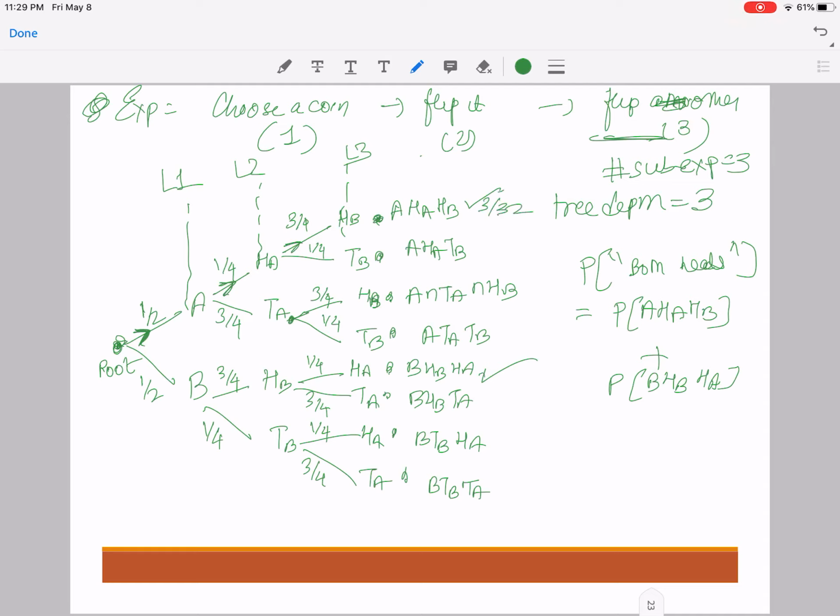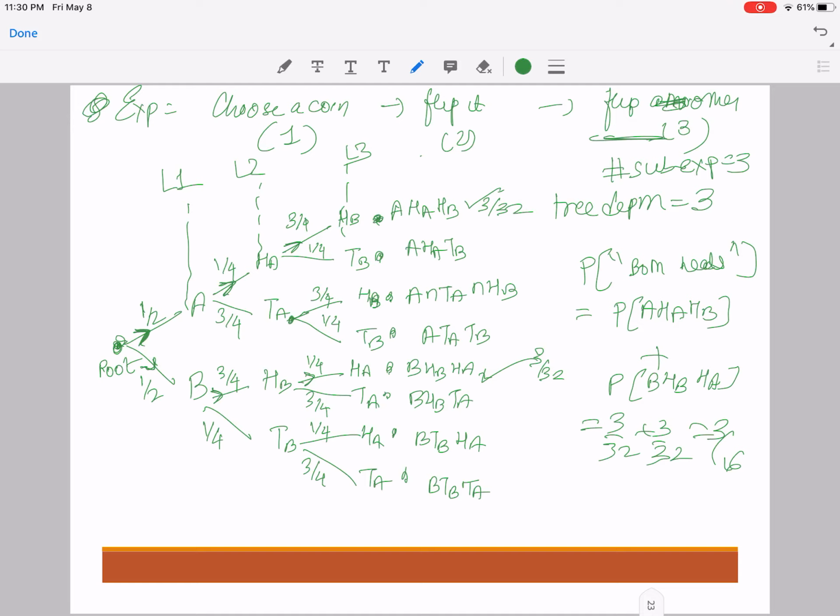And the probability of this leaf here is 1/2 times 3/4 times 1/4, also giving me 3/32. So I get my final probability answer as 3/16. That's the probability of getting exactly 2 heads, or the probability of getting both heads.